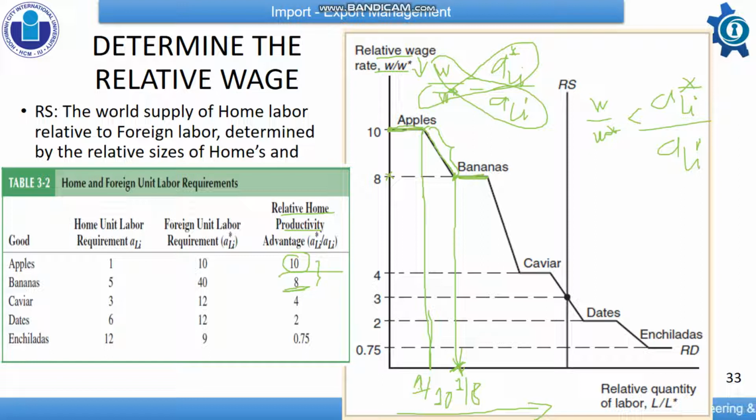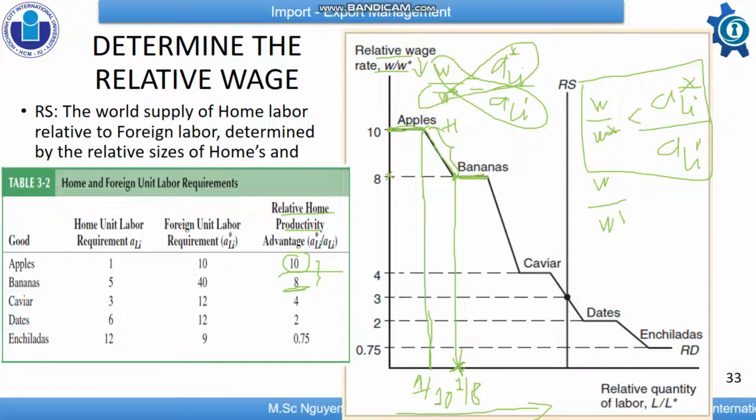So here home will produce when the relative wage in the home country to the foreign country is less than 10. Okay, less than 10.